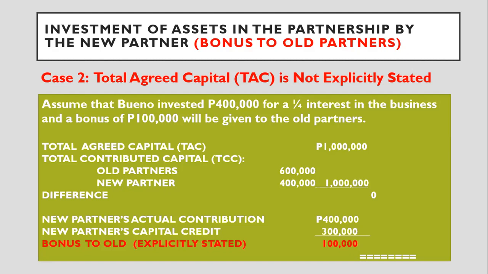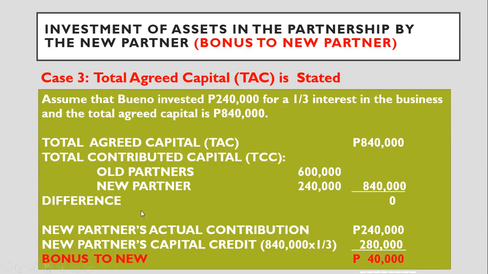If the new partner's contribution is 400,000 and the bonus is 100,000, it has to be understood that the new partner's capital credit is 300,000. So the capital credit is less than the actual contribution, resulting in a bonus to old partners of 100,000, once again explicitly stated in the problem.